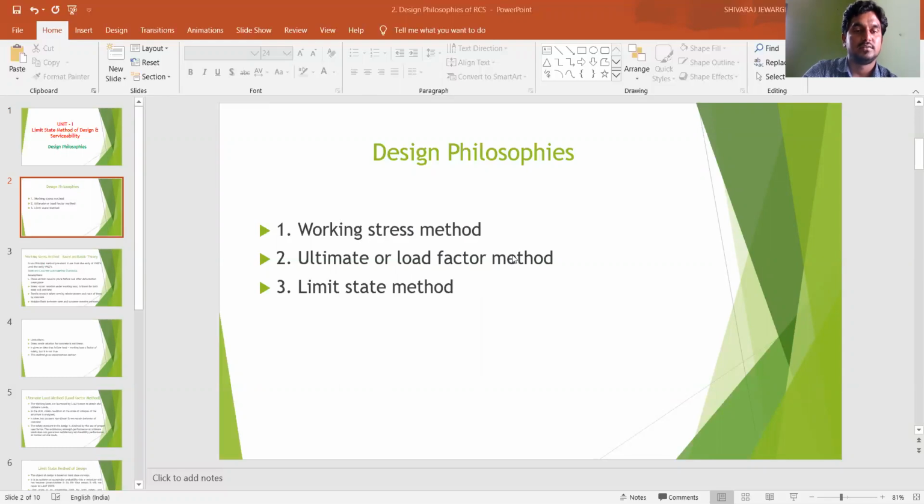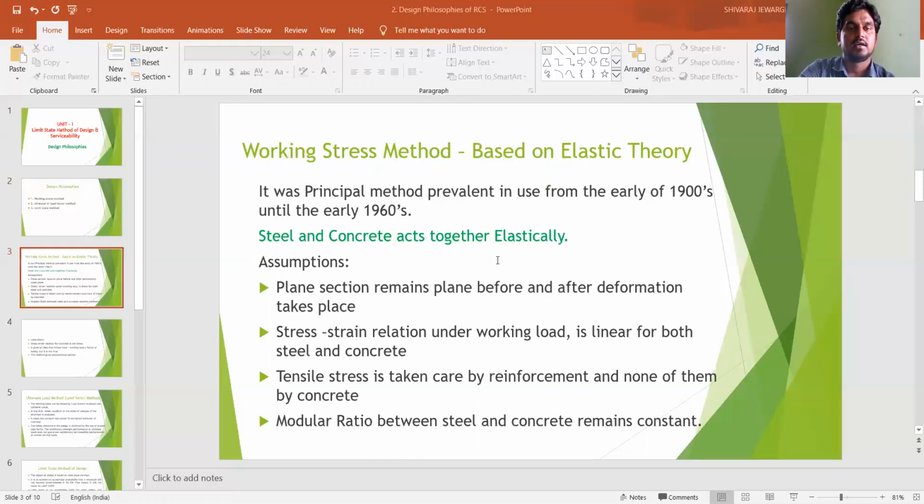Again, due to some more limitations of this method, one more method was developed, the limit state method. Right now, what we are using is the limit state method. Now let us see one by one the design philosophies of all the three methods. We'll go to the next slide.